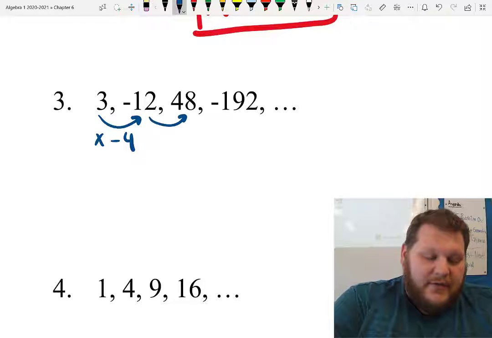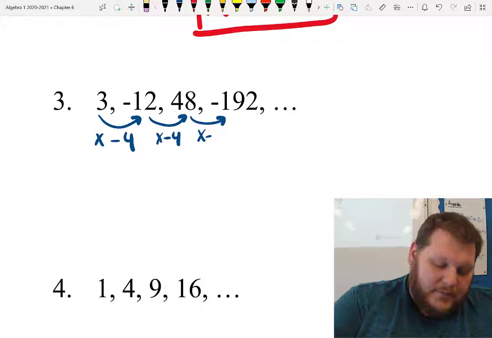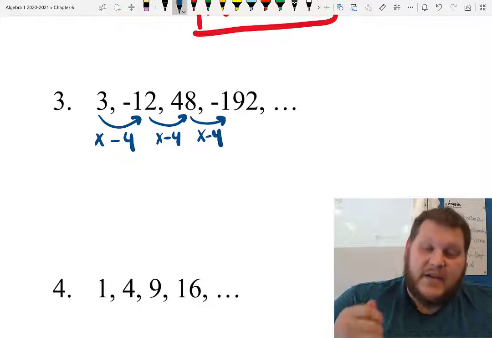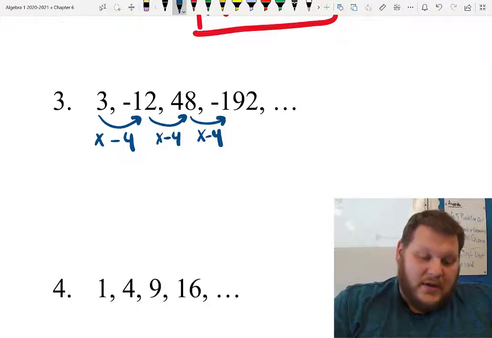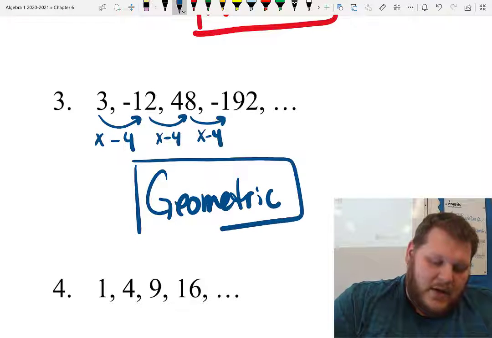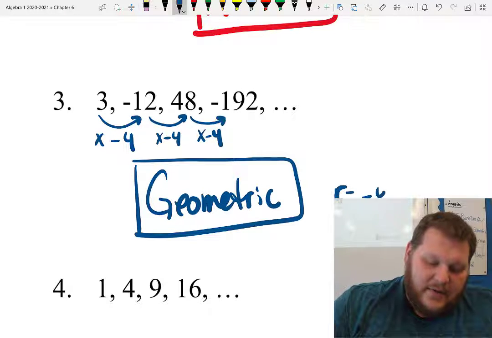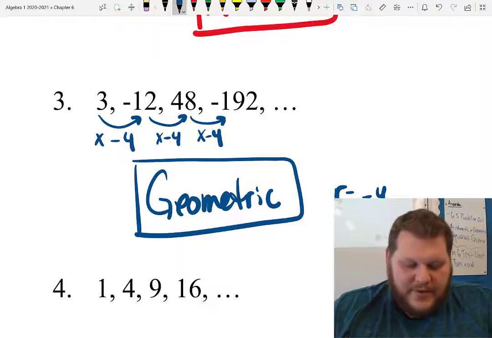Negative 4 times negative 12 does give us positive 48. Positive 48 times negative 4 does give us negative 192. So in this case, it does work. It is consistent. It is geometric. If you wanted to, you could say r is negative 4. You don't have to, but here, that helps.